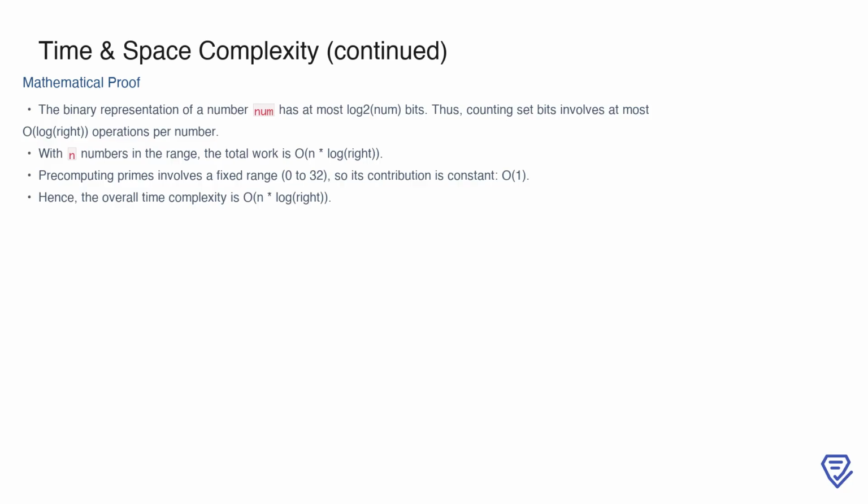The pre-computation of primes, limited to a fixed range of 0 to 32, contributes a constant amount of work, O(1). Combining these components, the overall time complexity is definitively O(n * log right). This analysis validates the efficiency of the solution and demonstrates how it balances pre-computation with iterative processing to achieve optimal performance.